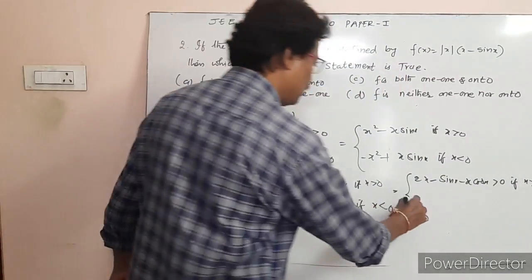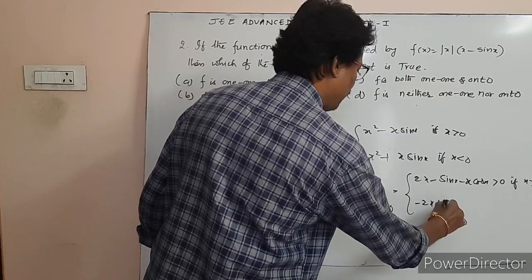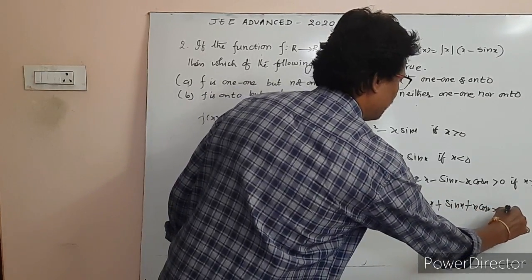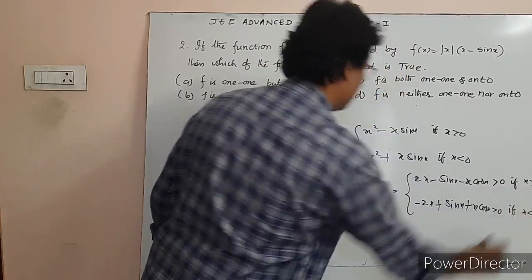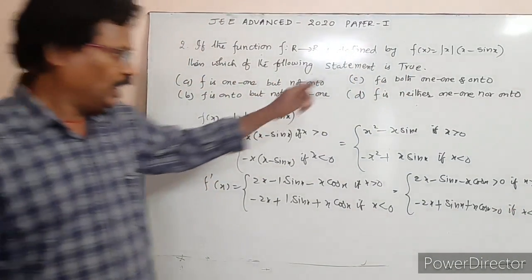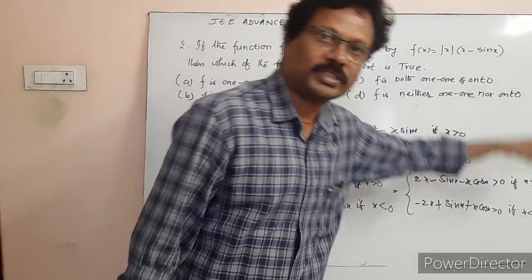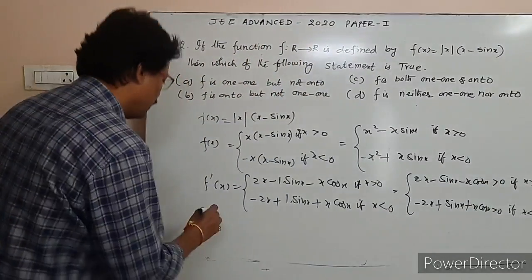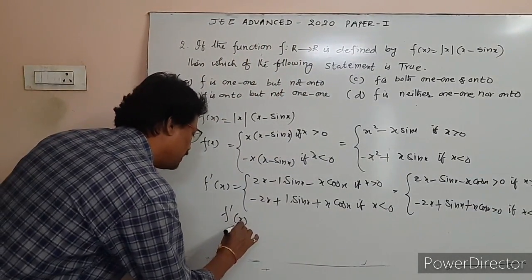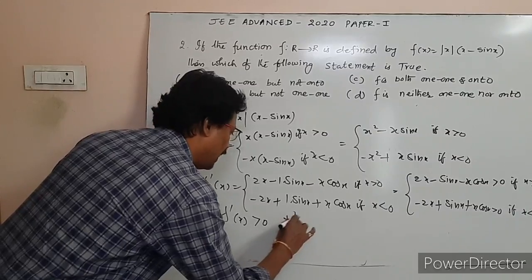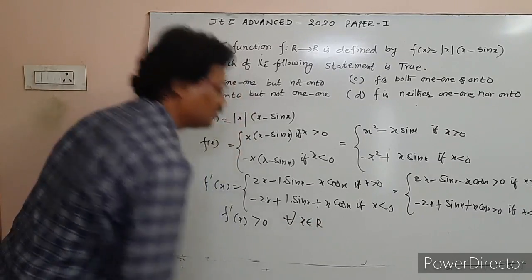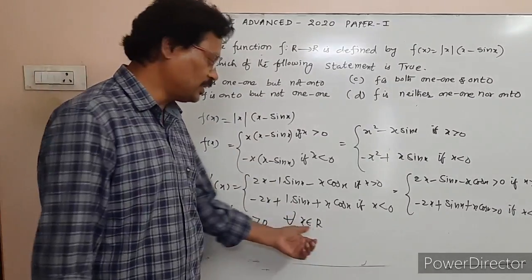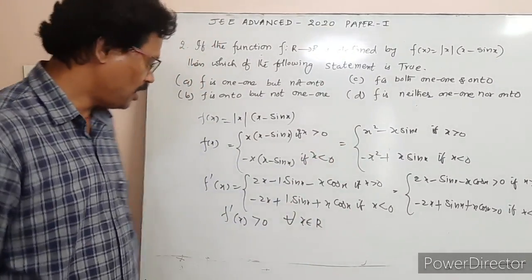And again this one also, if we simplify, is a positive number if x is a negative number. Now see that x may be a positive number or x may be a negative number, but f dash x is always greater than 0. Therefore f dash x is greater than 0 for all x, negative and positive, for all x belongs to R.